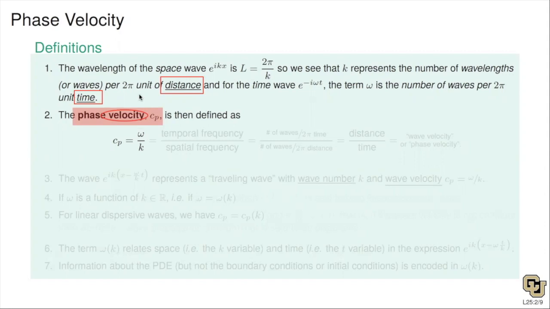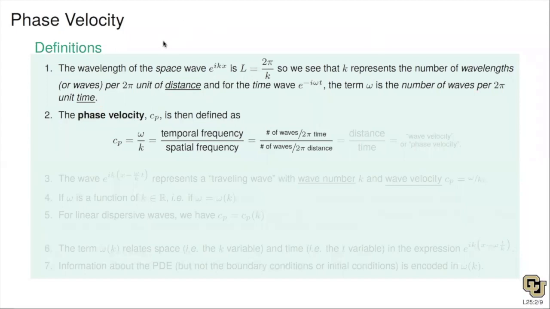If I divide the temporal frequency by the spatial frequency, the number of waves per 2 pi amount of time divided by the number of waves per 2 pi amount of distance, then we get a distance over time quantity.